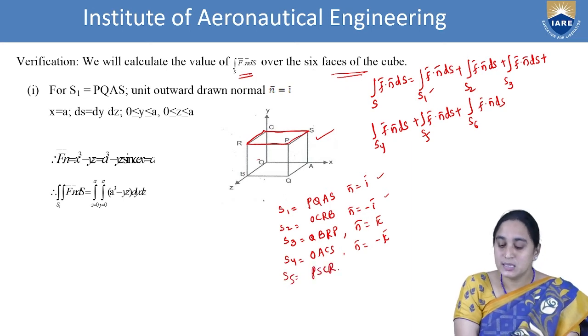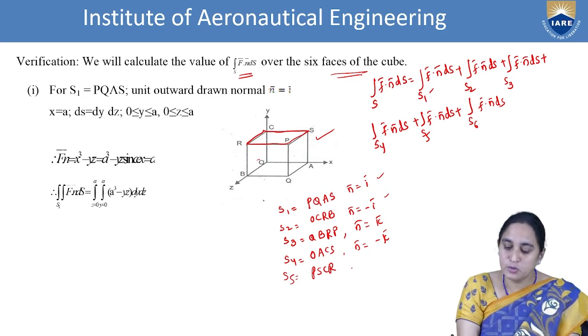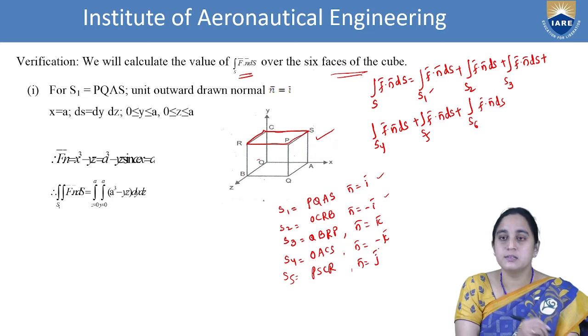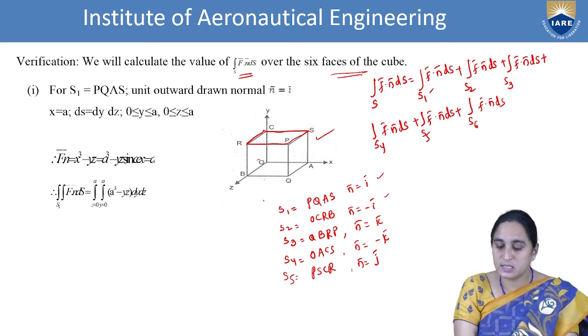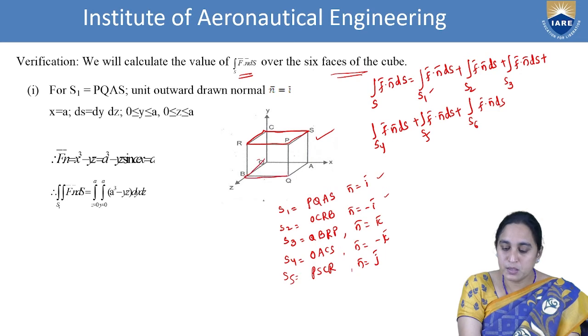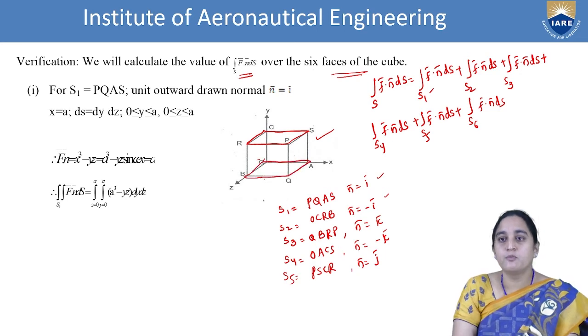This is the first face on the y-axis, S5. PSCR, that unit normal vector is J bar. And the last face of the cube, S6, is OBQA.